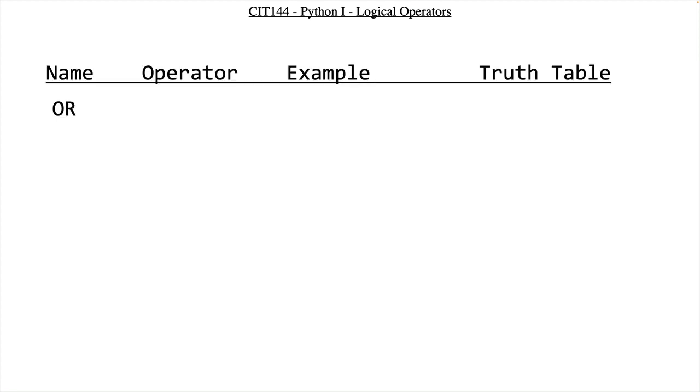The next operator we're going to talk about is the OR operator. In Python, it is a lowercase or, and the example would be A or B. To create our truth table, the expression A or B is true if A or B is true. So as long as one of them is true, the expression is going to be true.